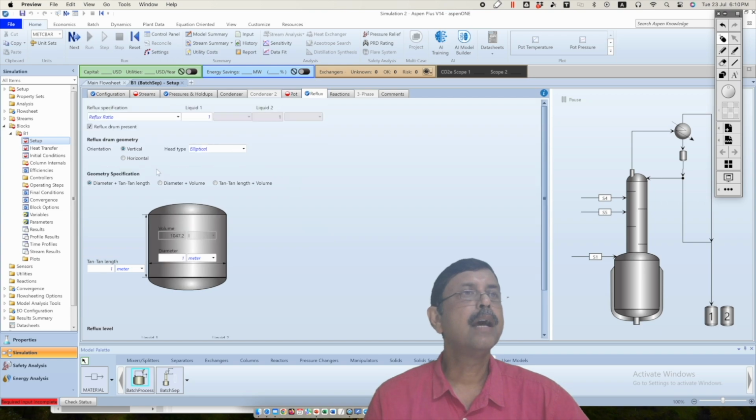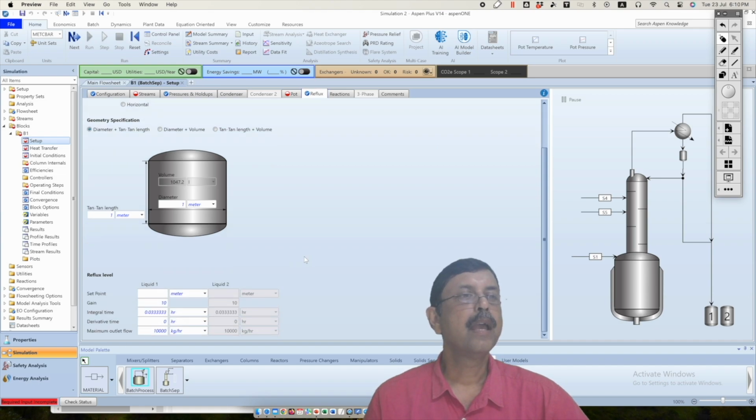And then the reflux condition, you need to provide the reflux ratio. Okay, now here also you have to specify the reflux drum geometry, whether it is vertical or horizontal, the head type of that, the tangent length, the diameter, okay, and the reflux level. Now, here this is the controller calculation.